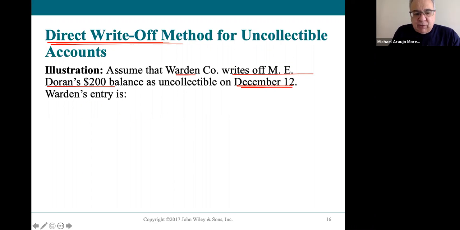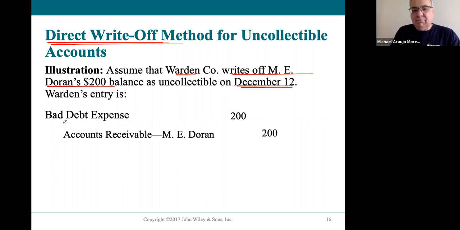So they simply just write it off as a bad debt that day. Okay. So on the 12th of December, they will debit bad debt expense and credit accounts receivable. Okay. So that's basically what a smaller business can do. Without a doubt, it's perfectly fine.